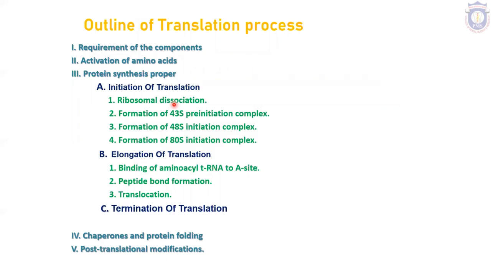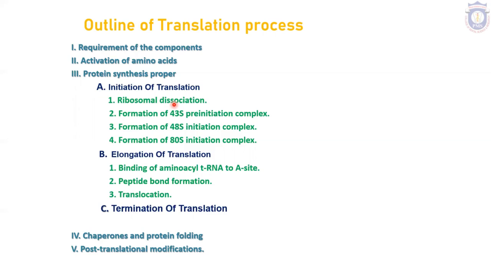Outline of translation processes. The first one is requirement of the components. Second one, activation of amino acids. Third one, protein synthesis proper. And it includes 3 subcategories: the initiation of translation, the elongation of translation, and the termination of translation.